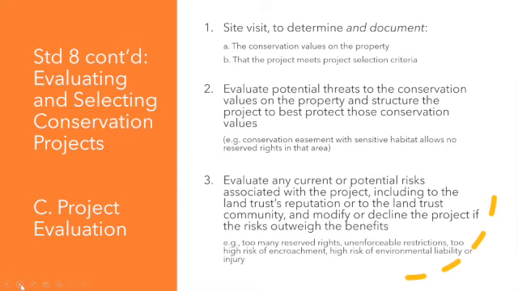The site visit provides the chance to assess the quality of the natural resources there and to evaluate any threats to those resources, such as the risk that invasive plants might pose to wildlife habitat, and also to identify any risks associated with the project, like risks of losing the project, not so much risk to the conservation values. So encroachment, environmental liability, other things that could be costly to the organization.